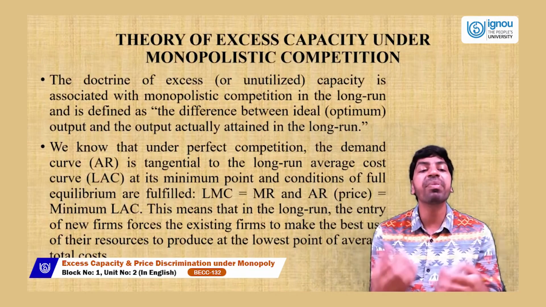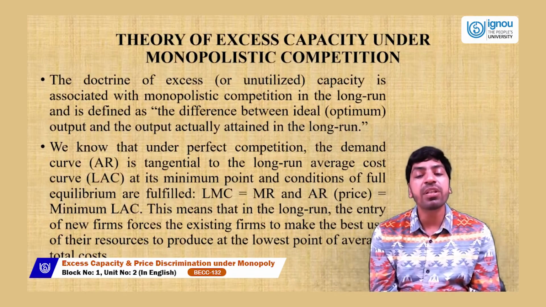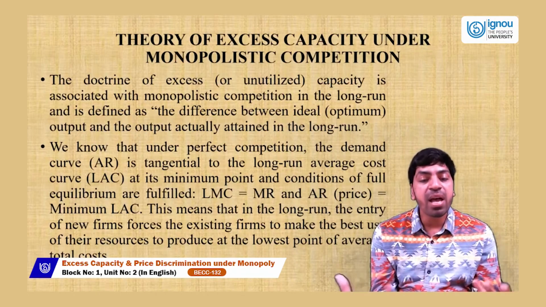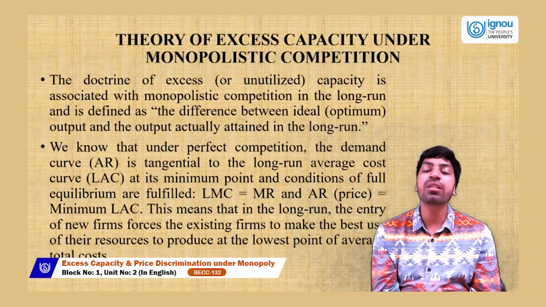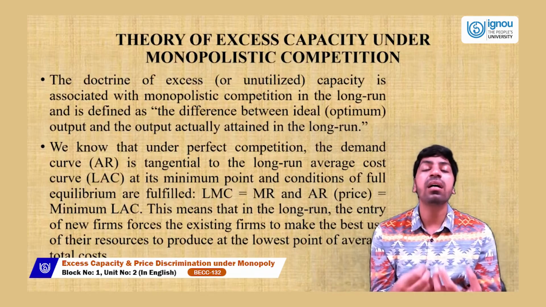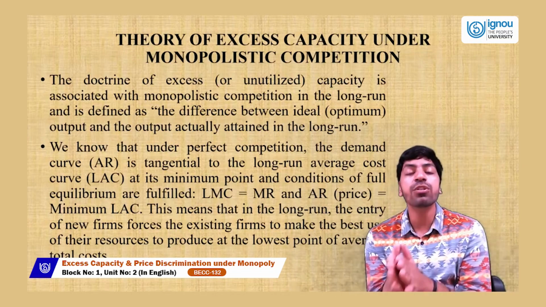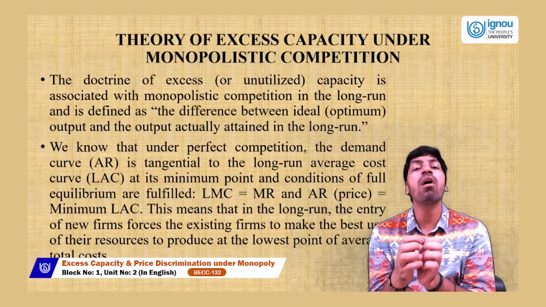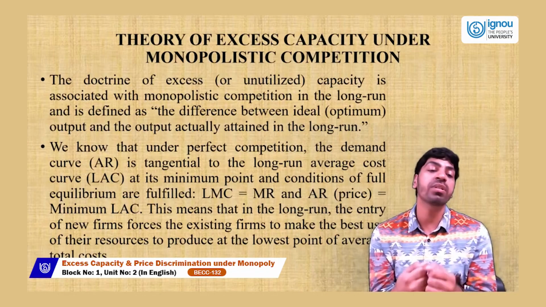to make the best use of their resources so that they can produce the products at the lowest point of the average total cost. Whatever they sell should be at a minimum cost, at the minimum point of the average total cost.